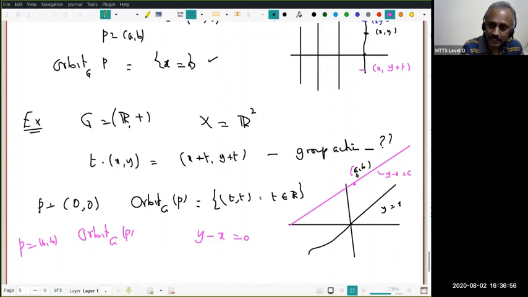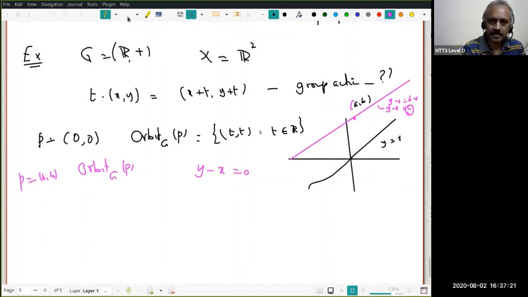Because on this line, the point (a, b) lies. Right? Therefore, what is the y coordinate of that point? b. What is the x coordinate of the point? a. Therefore, y minus x, namely b minus a, must be equal to c. That means the line must actually be given by y minus x equal to b minus a. How many of you understand this? Okay. This is just by geometric thinking we got it.